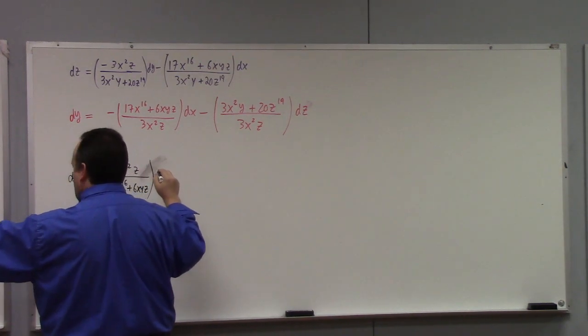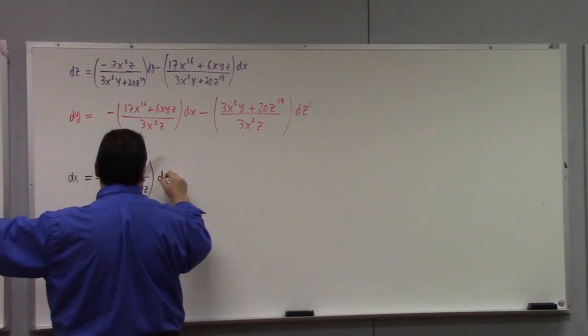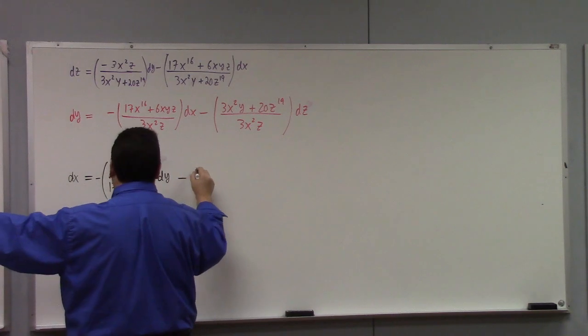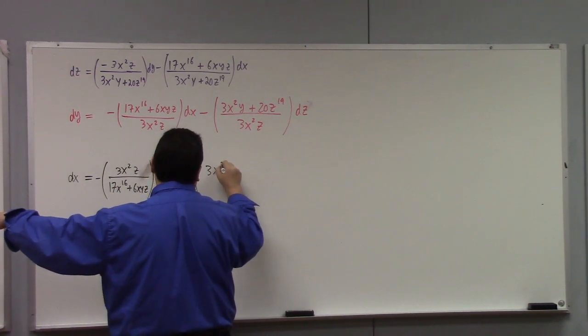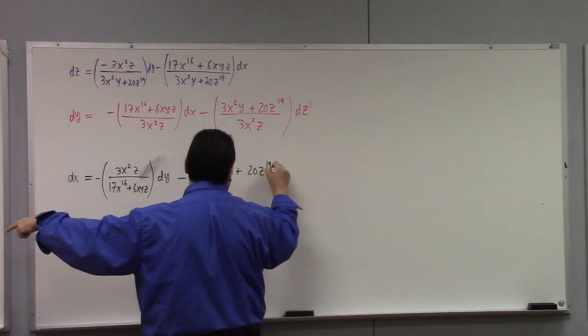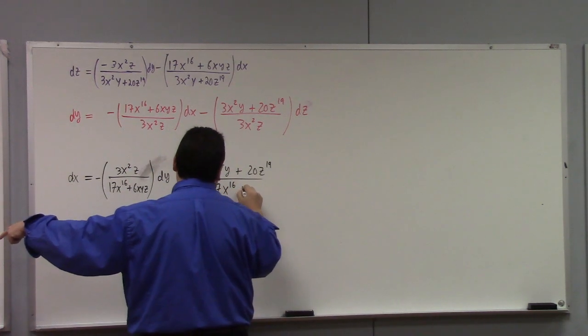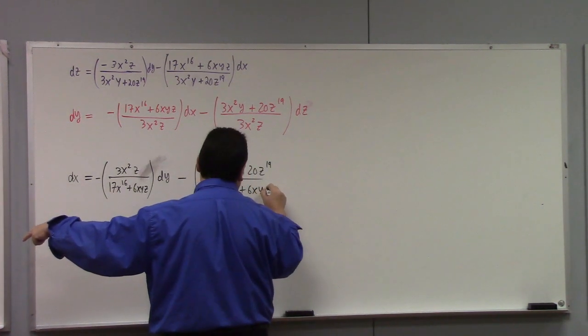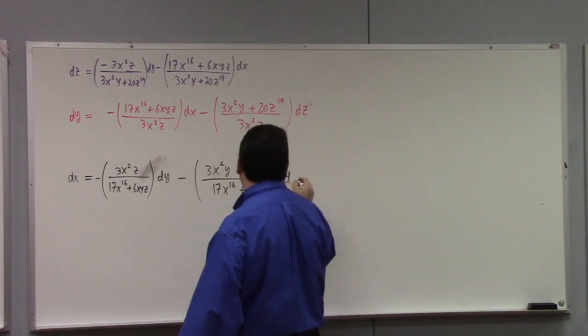And that's my dy. And then my dz is minus parentheses 3x squared y plus 20 z to the 19 divided by 17 x to the 16 plus 6xyz, dz.